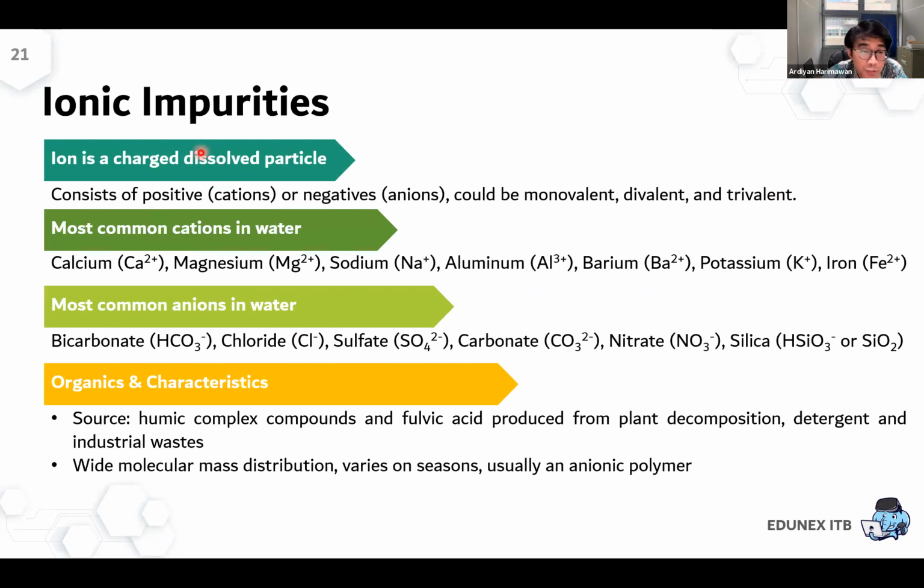These are the ionic impurities. You can have positive and negative ions, and some ions have certain characteristics that will later influence the process if the ions are not removed or reduced.